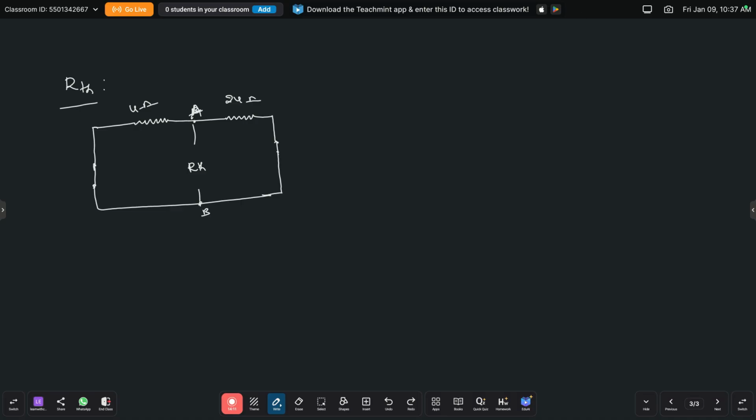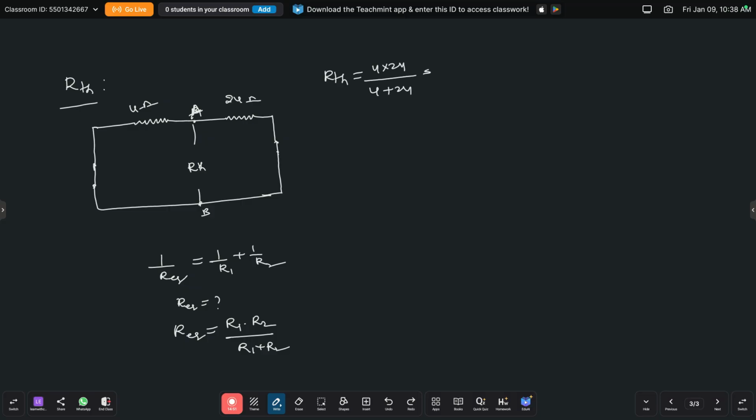When two resistors are connected in parallel, what is the formula to find the R equivalent? 1 by R equivalent is equal to 1 by R1 plus 1 by R2. So R equivalent is equal to R1 into R2 by R1 plus R2. By using this formula, Rthevenin is equal to 4 into 24 by 4 plus 24.